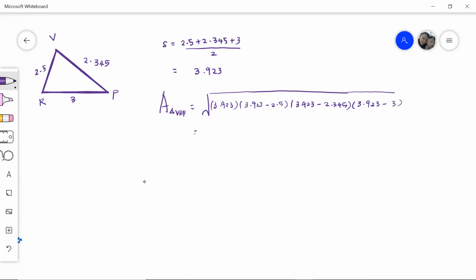Okay, so with this, just press the values using calculator, then we get our final answer, 2.85 square meter. That's it.